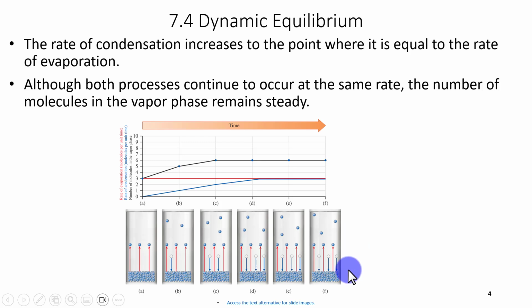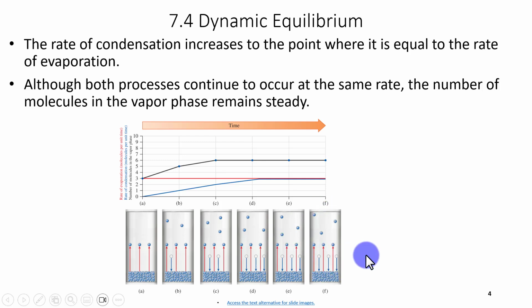If I increase the temperature, we're going to increase the vapor pressure, which means we're going to increase the number of molecules in the gaseous phase. However, for a certain given temperature, there comes a time when we reach this dynamic equilibrium, which tells me that the number of molecules that escape the liquid and go into the gaseous phase is the same as the number of molecules that go from the gaseous phase back into the liquid phase.